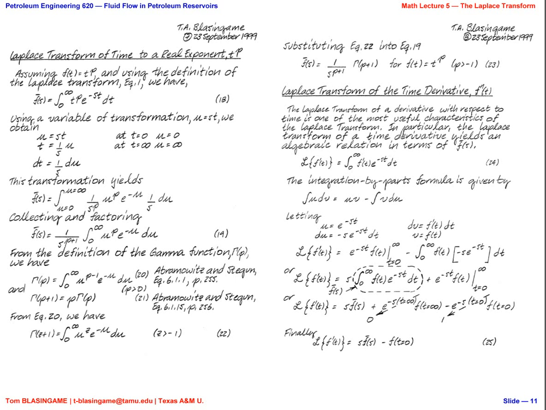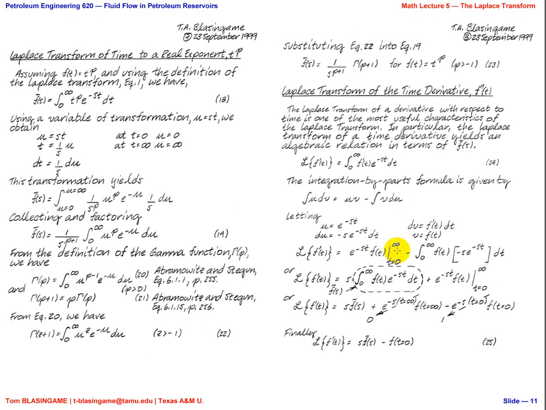So what you do here is apply the definition of the Laplace transform to get rid of this term. Doing that, you can reduce this. Just remember that, I'll get back to it.